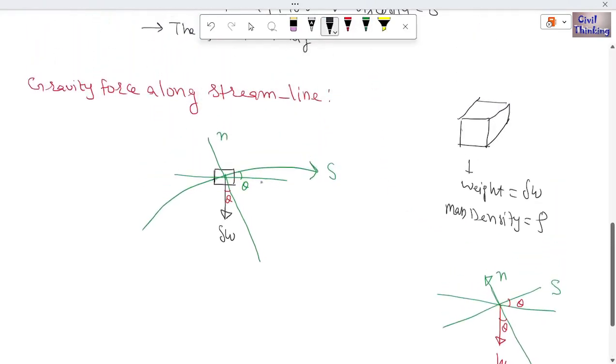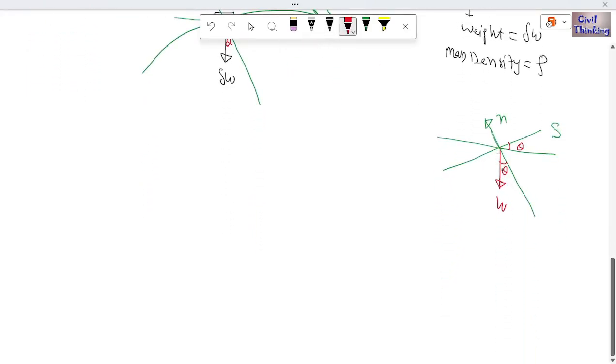Now when you want to find the components of W along the streamline and perpendicular to the streamline, we will resolve W along the streamline and normal to the streamline, that is along S and along n. So this is going to be W_n, along the normal, and this one is going to be W_s, along the streamline. From this diagram you can clearly understand W normal is W times cosine of theta.